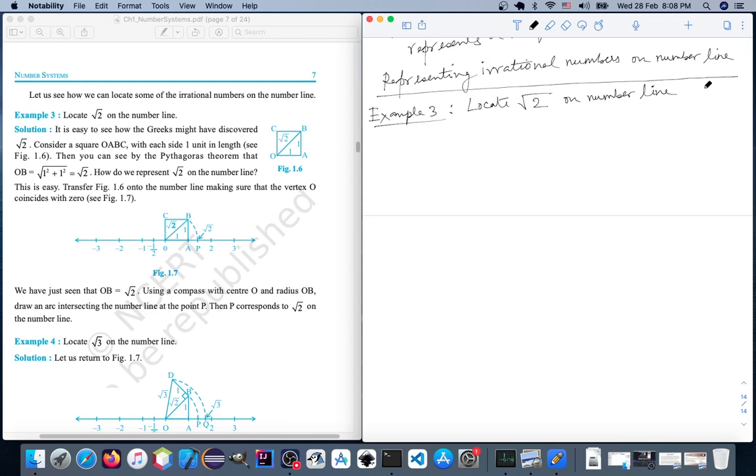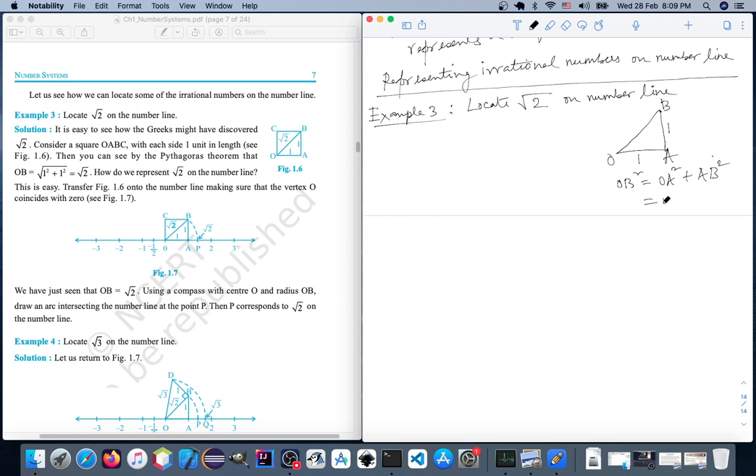So how do we get square root of 2? From the earlier classes you have learned from the Pythagoras theorem that when we have a right angle triangle OAB where the base and the height are of unit length, then OB square equals OA square plus AB square.